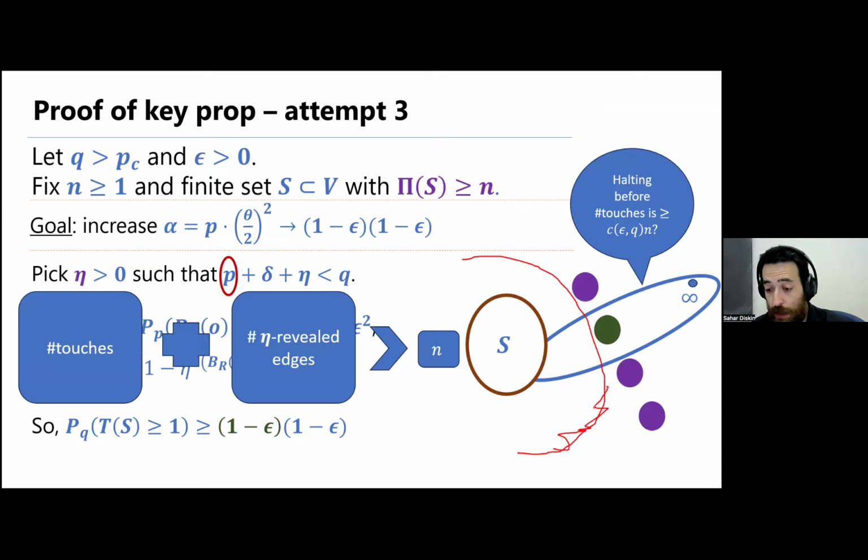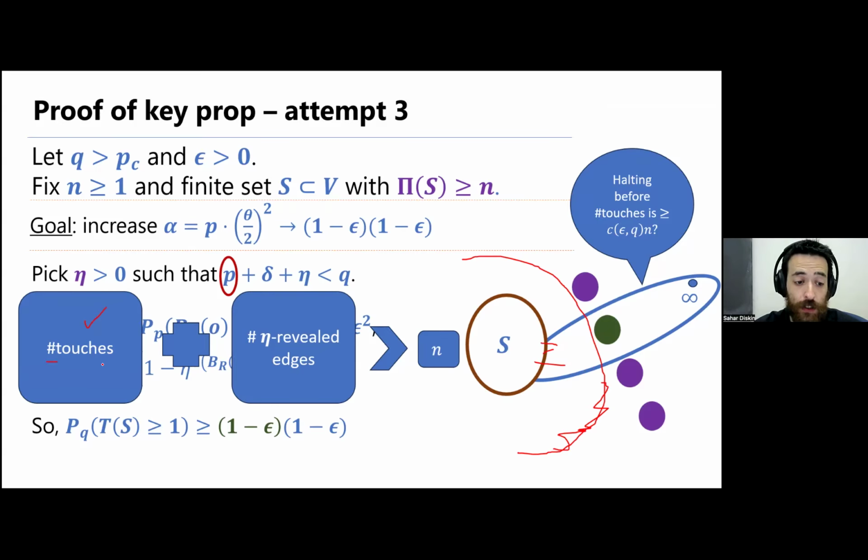And if this happened, what does this mean for us? It means that how many rounds did I run? So I ran really successful rounds in which I got so many touches that the touches themselves already separate S from infinity. But in that case, I'm happy.